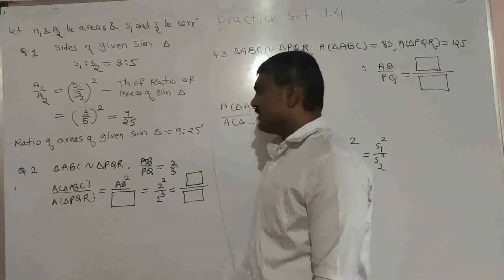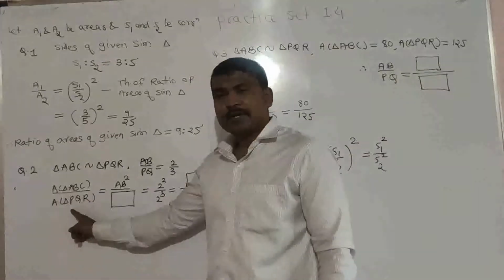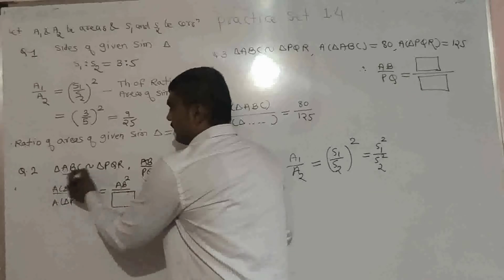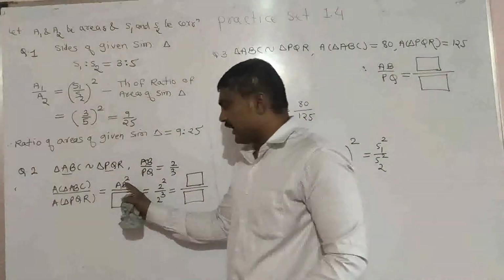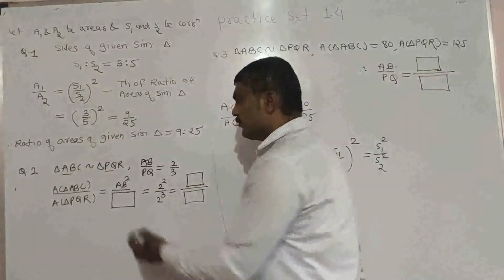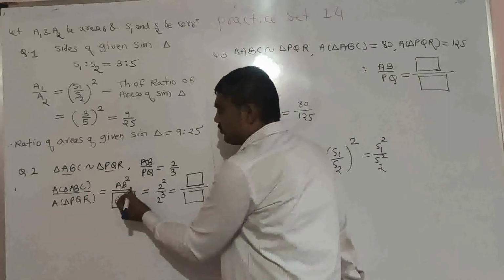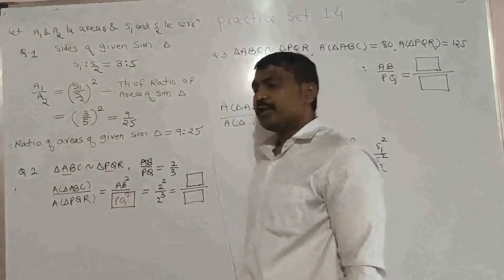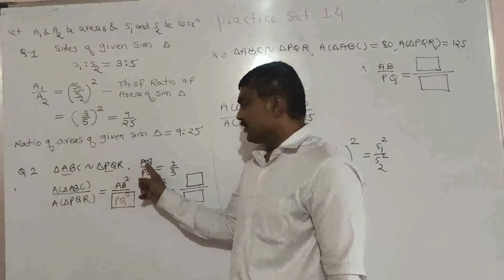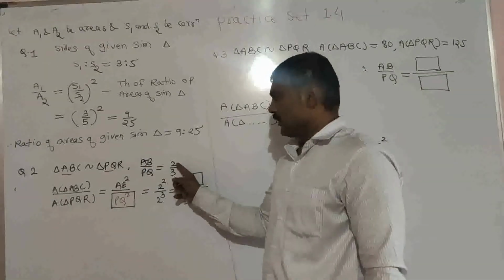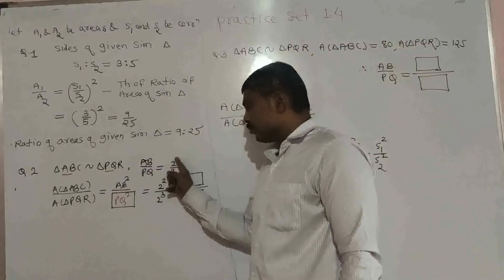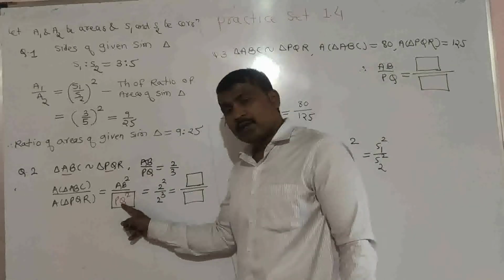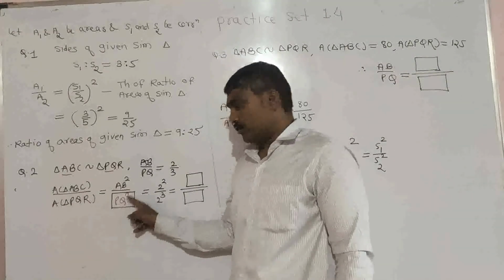To fill this bracket, area of triangle ABC upon area of triangle PQR. The corresponding side of AB is PQ. So here AB square is written, and obviously we should write PQ square. So one bracket is completed. Now put in their values. The value of AB is 2, and AB square is 2 square.